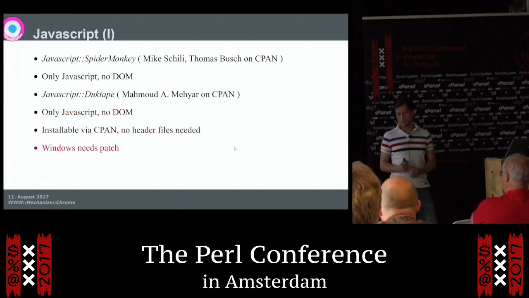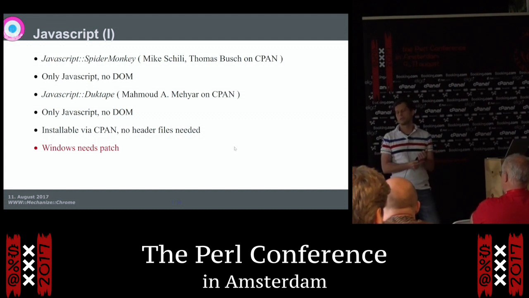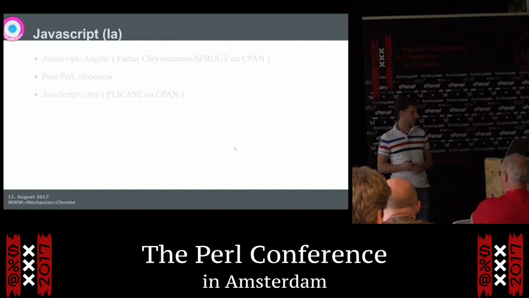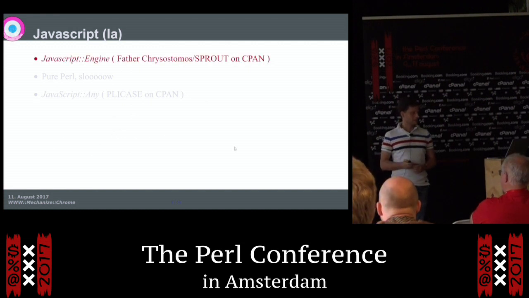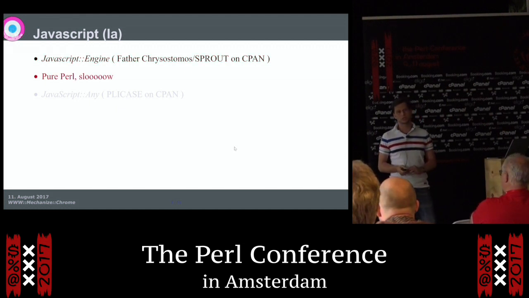And currently it needs a small patch for Windows, but I've sent that patch to the author, and maybe in the next release or the following release, that patch will also be there. And there is also JavaScript Engine, which is yet another JavaScript engine written in pure Perl, which means you don't even need a C compiler, but it is a bit slow.